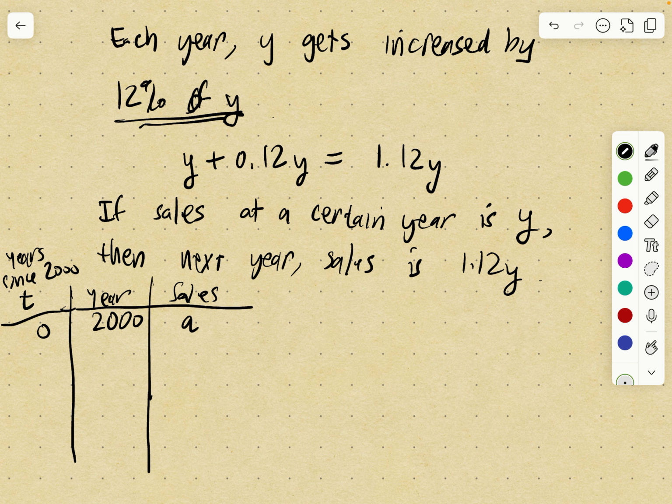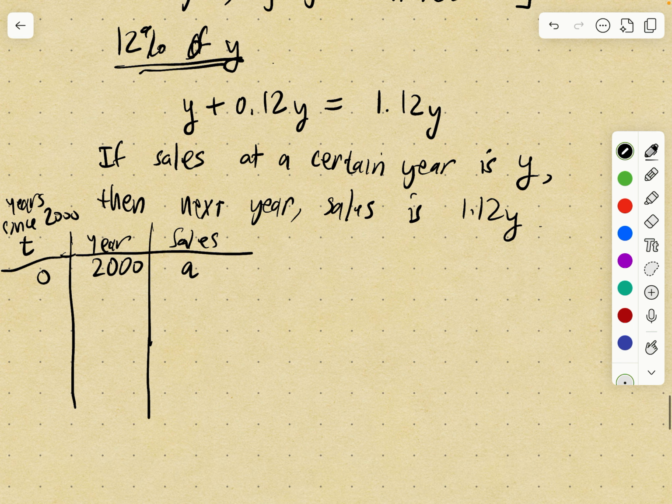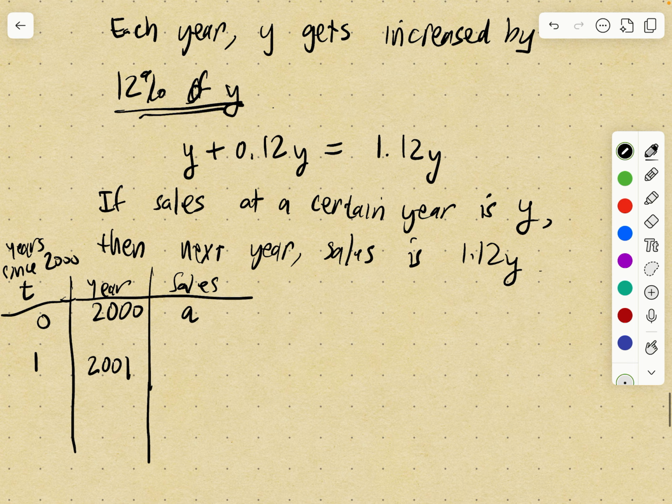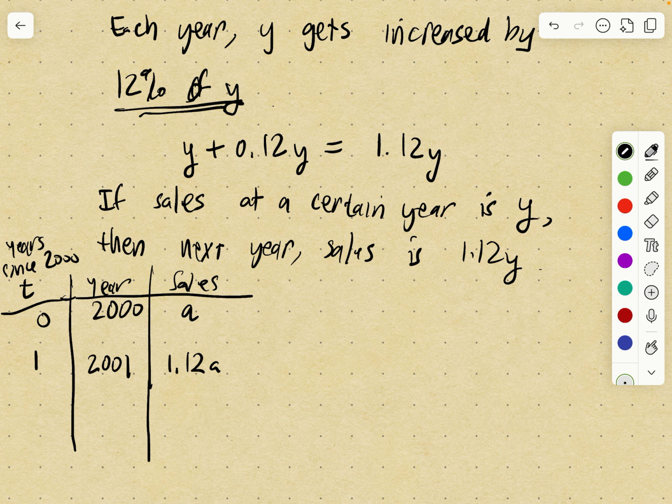So t would be 0 in year 2000, and let's say sales is A. At year 2000, it's A. So 1 year from 2000, when it's 2001, sales got increased 12%, which is the same thing as saying that it got multiplied by 1.12. So sales when t is 1 is 1.12A.